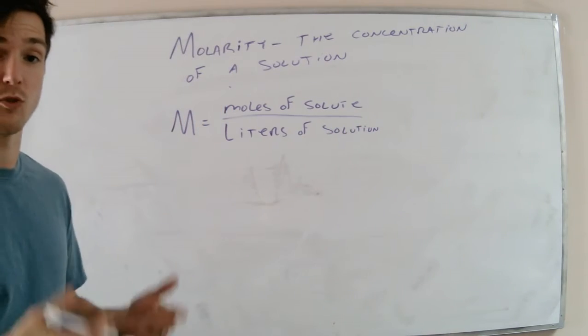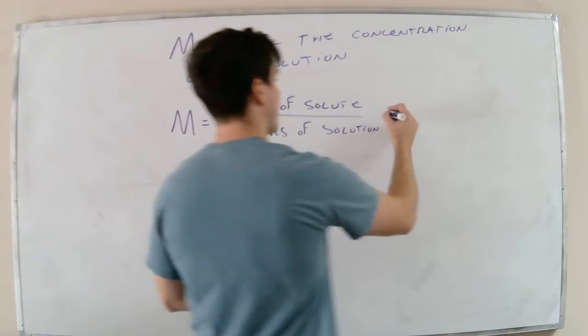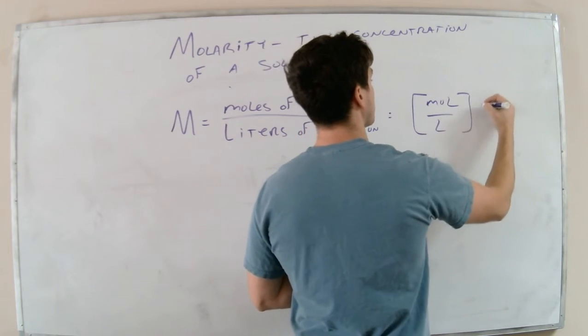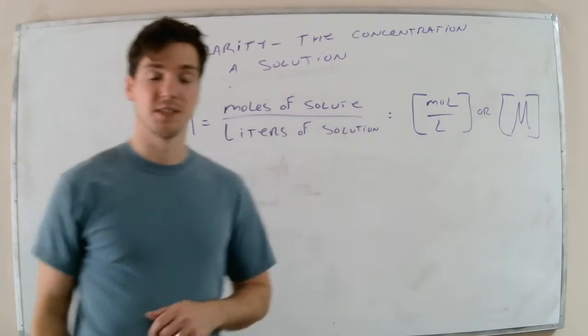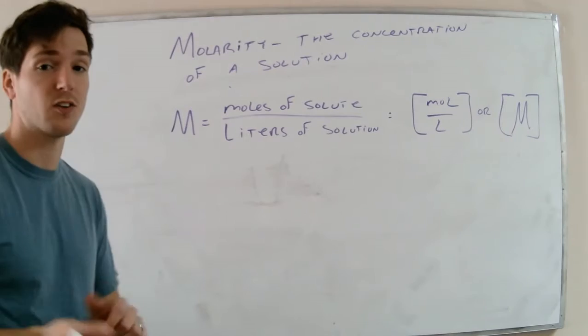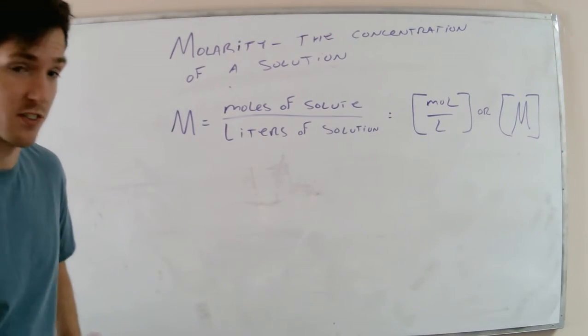Okay, over a volume. So it's moles over volume, or moles over liters. So our units can just be, you could write it as moles over liters, or you could just use uppercase M. It means the same thing. Okay, so we're going to be doing a lot of calculations where we're just putting moles over liters, essentially.